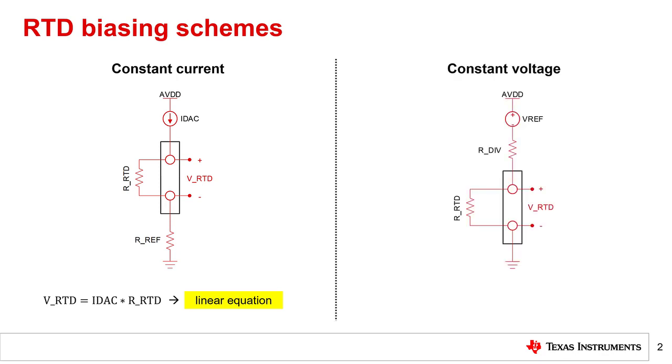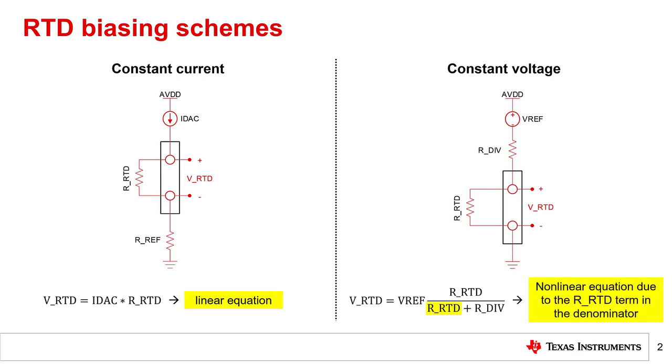Comparatively, constant voltage excitation can also be used to bias an RTD, as shown on the right. A constant voltage source, Vref, establishes a resistor divider between the RTD resistance, RRTD, and the divider resistor, RDIV. Similar to the constant current biasing scheme, the ADC measures the RTD voltage, VRTD.